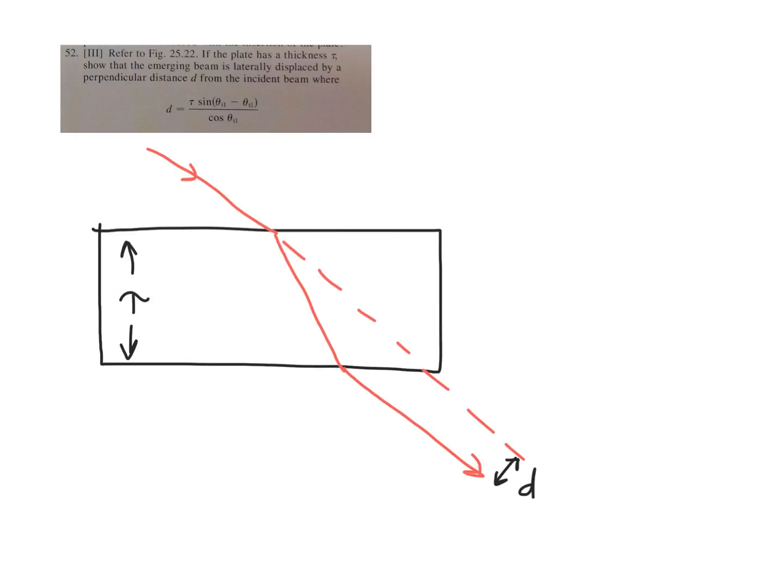T is transmission, so it's like theta 2 in the Snell's law equation, N1 sine theta 1 equals N2 sine theta 2.